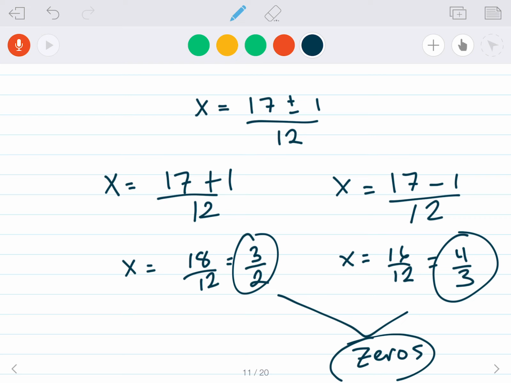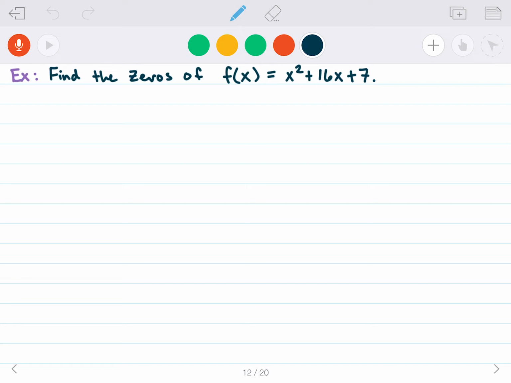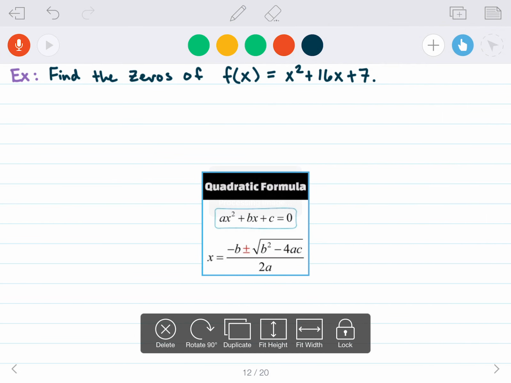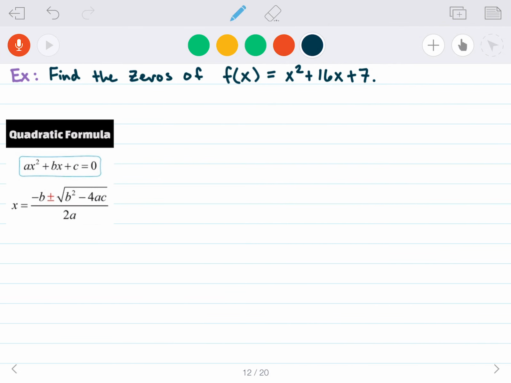So let's do another example. All right, so quadratic formula, maybe I should actually put it in here in this slide just so we have it. All right, first things first, are we in standard form? Yes, we are. What's A, what's B, what's C? Well, A is going to be 1. It's understood to be 1 there.